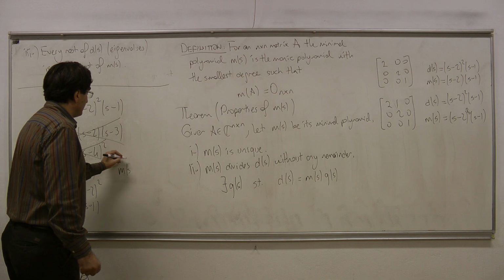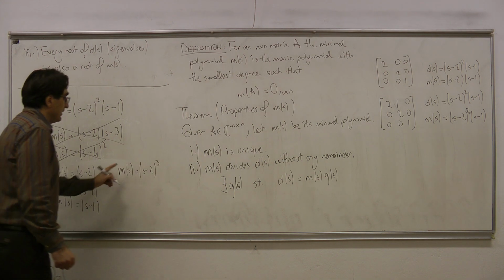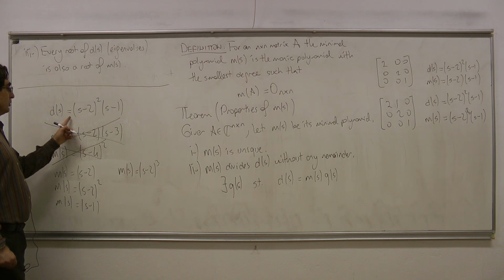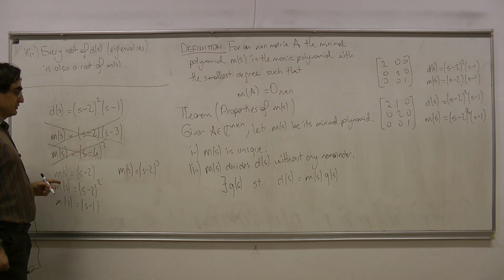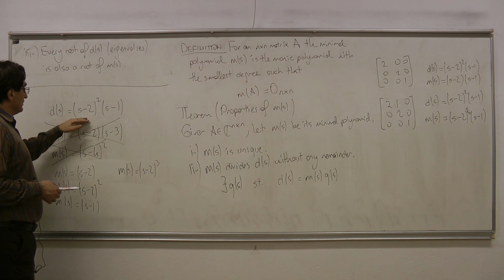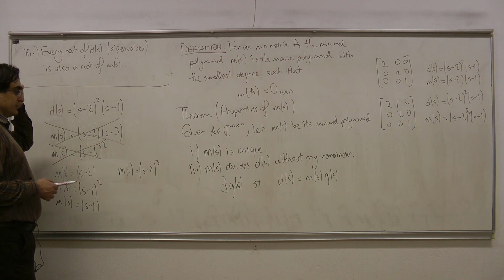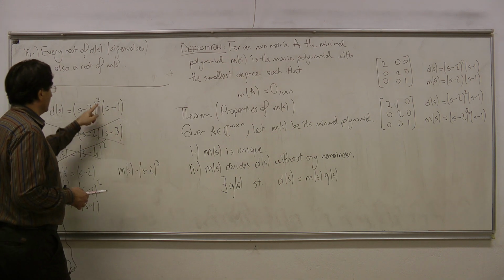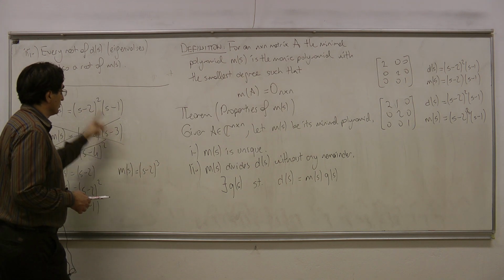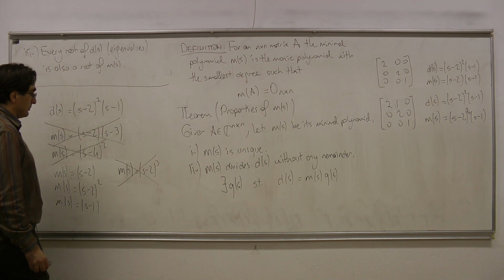What about m of s equal to s minus 2 cubed? Can this be the minimal polynomial of a matrix having this characteristic polynomial? No, in this case not, because this m of s cannot divide this d of s without any remainder because of this cube here. There is a square here, there is a cube, so there would always be a remainder. So this violates the second property.